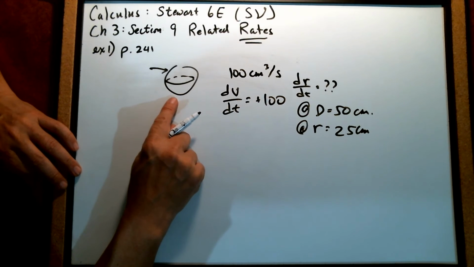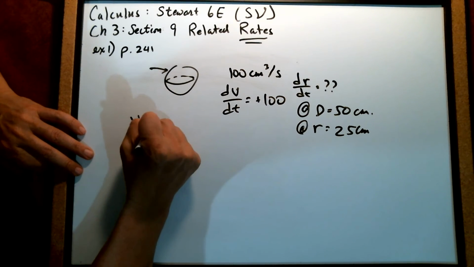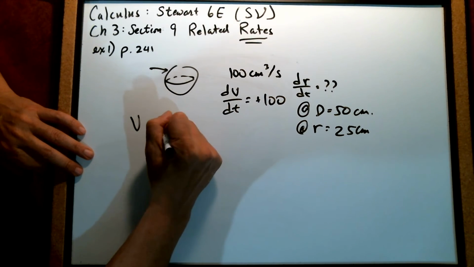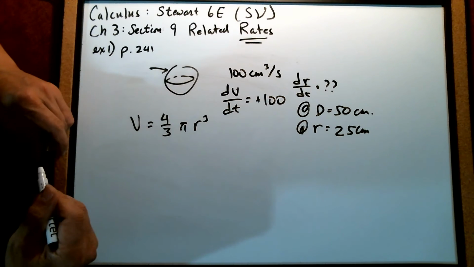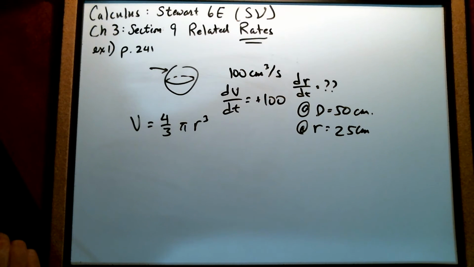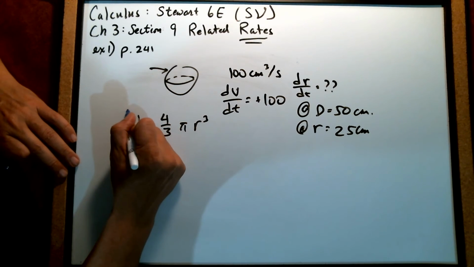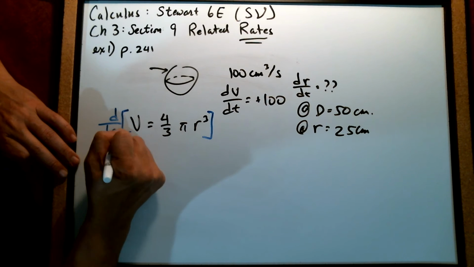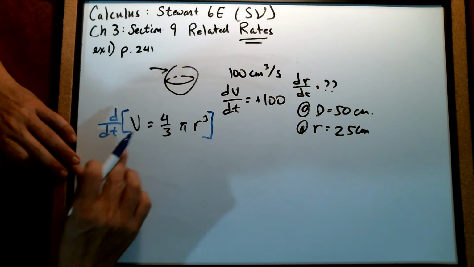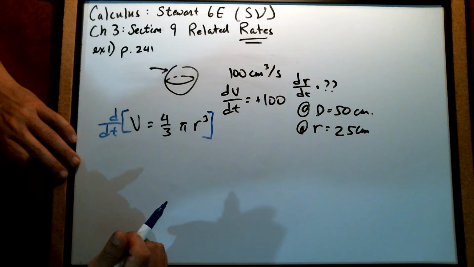We do know the volume formula. The volume of a sphere is 4/3 pi r cubed. And what do you think we're going to do with this? We're going to take the derivative with respect to time on the left side as well as the right side.